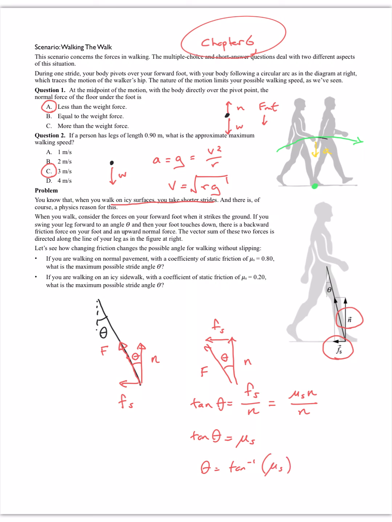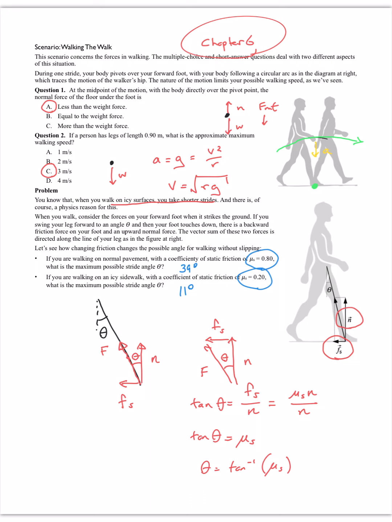Net result, what I get is this. If you're walking on normal pavement with a coefficient of friction of 0.8, the maximum angle is going to be 39 degrees. Now that's swinging your leg out pretty far. So you can swing your leg out pretty far on regular pavement and you will not slip. But if it's icy pavement with a static coefficient of friction of 0.2, the angle is only 11 degrees, and an 11-degree angle is a pretty small swing.